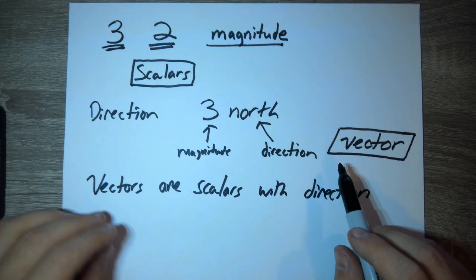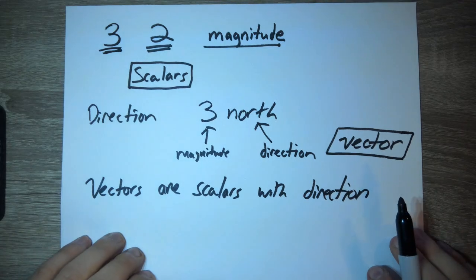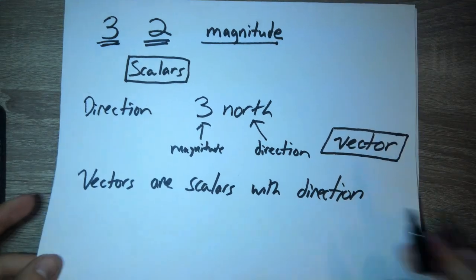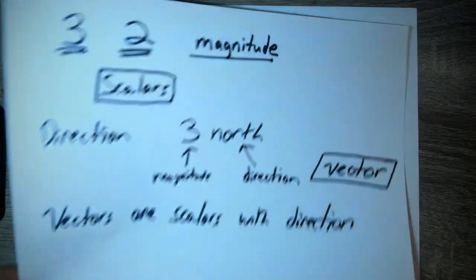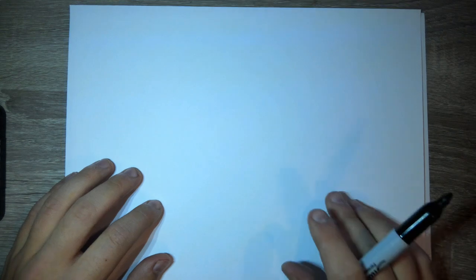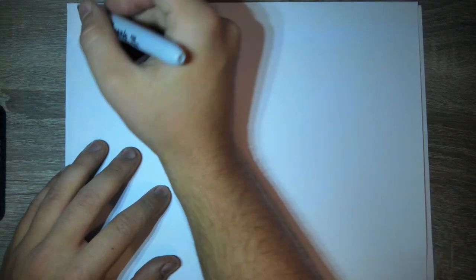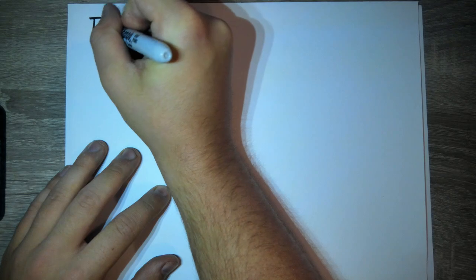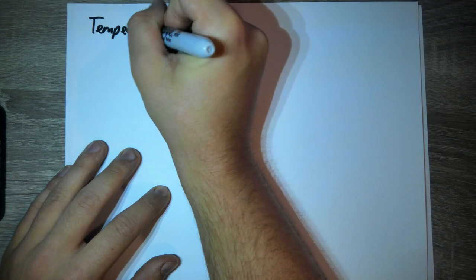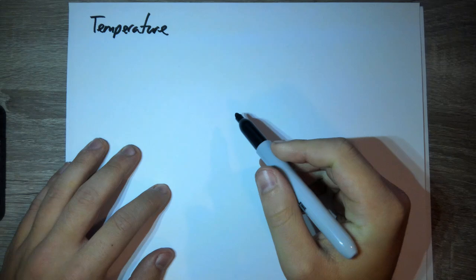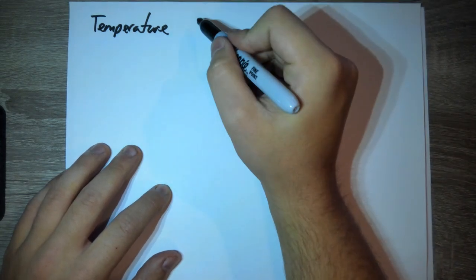Now, why is this useful? Why do we have numbers like this? Let's look at some examples in physics. So first we'll look at some scalars, and I'll explain why they're scalars. So one of them, temperature. So why is temperature a scalar?